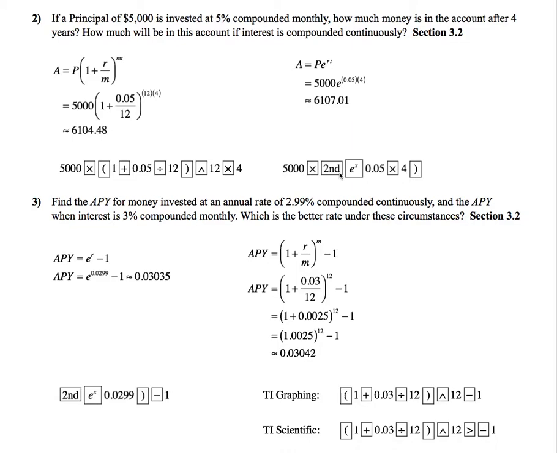And that's the only TI scientific I have. I know that for other scientifics, the key might not necessarily be green, but you want to enter the second key, and then the button is going to be the LN key on both calculators, on both the graphing and the TI-30XS Scientific.